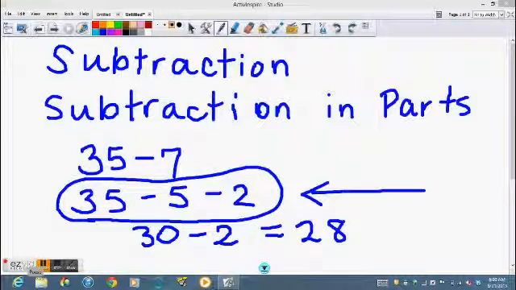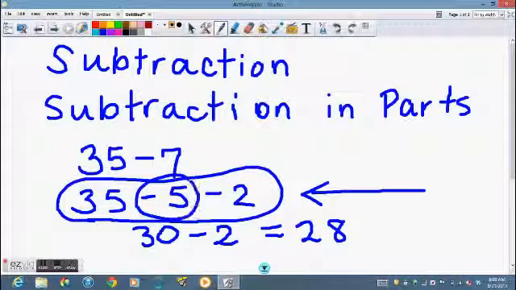Okay, so when we're subtracting in parts, we usually try to pick a number to subtract that's easy. Like if we have 35, we take away 5 because that brings us down to 30, and then we take away the rest and get our final answer.